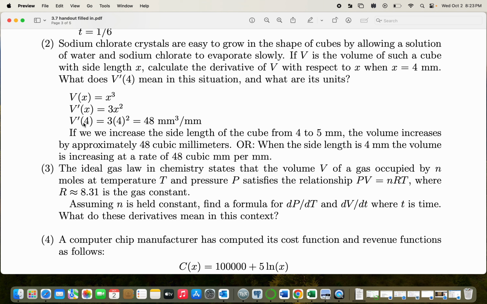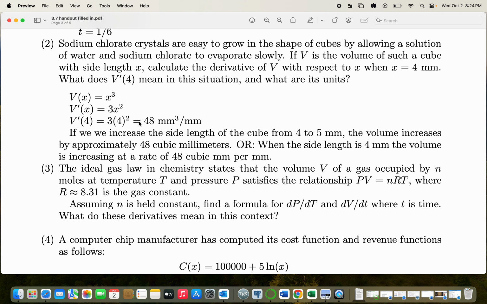So V prime, the units of that are dependent units per independent units. Volume is dependent, so they are volume units, and x is the independent variable, and they are its units. So it looks kind of funny to write cubic millimeters per millimeter. You might want to cancel that and just write millimeters squared, but you don't want to do that. This is not a literal fraction.